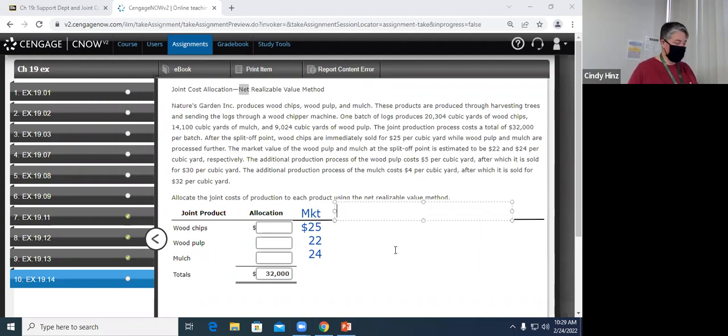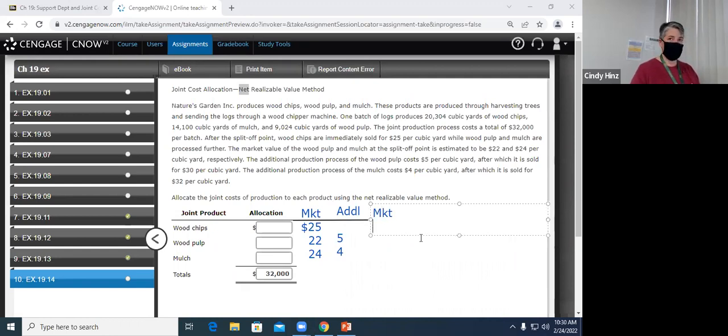But let's go, how much more does it cost? So I'm just going to label this additional cost of production. The wood chips are sold immediately, so there's no additional cost. The wood pulp costs an extra $5 and the mulch costs an extra $4. We can sell them.